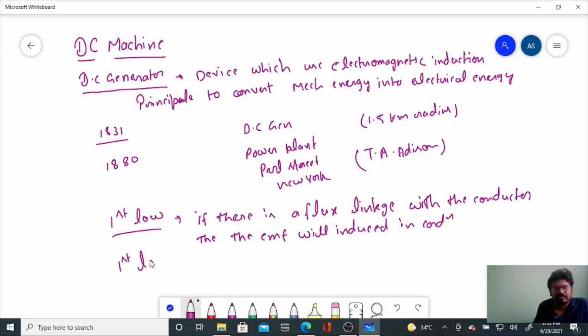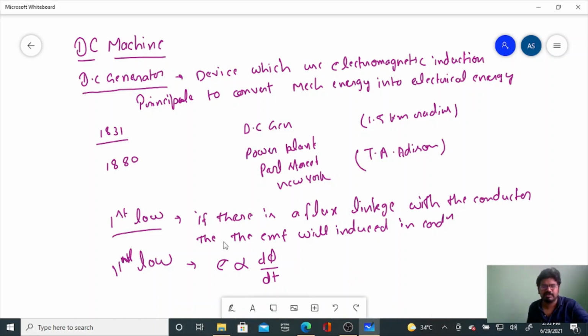The second law: the induced EMF E is directly proportional to the time rate of change of flux or flux linkage. Okay, so the principle of DC generator is based on Faraday's laws.